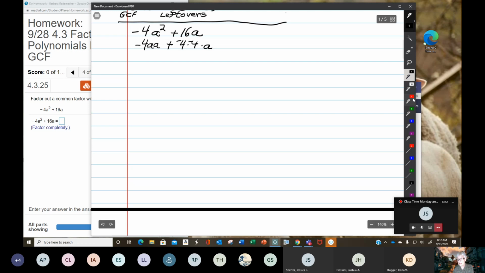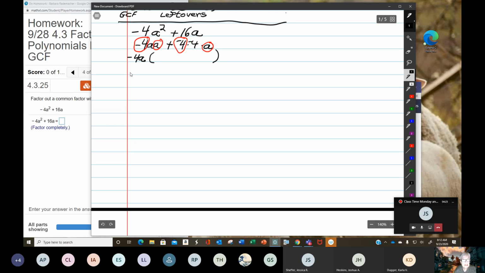Now I'm ready to factor. Each term has a negative 4. Each term has an a. Therefore, my GCF is going to be negative 4a. Parentheses for the leftovers.